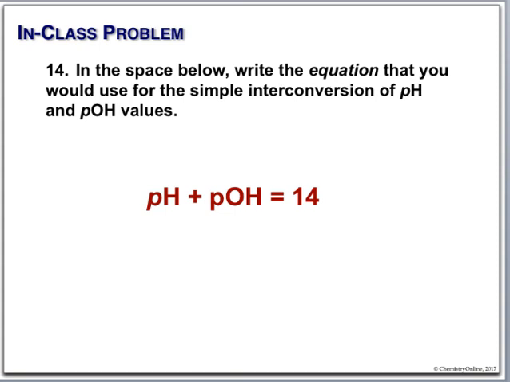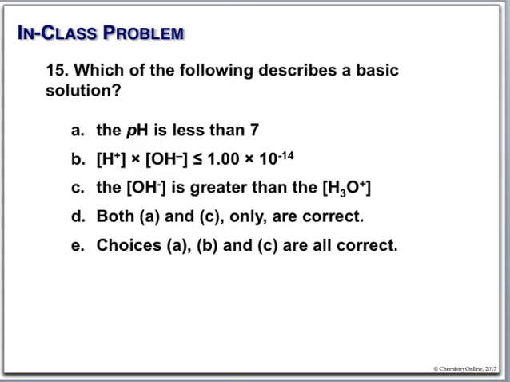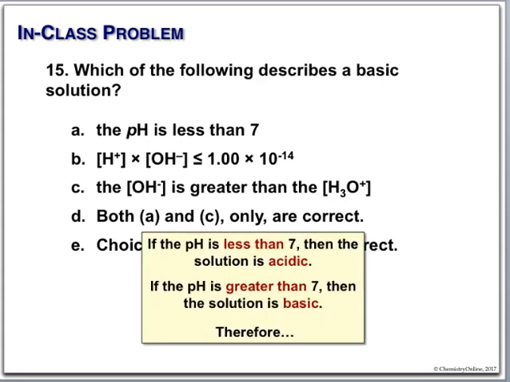All right, let's do acid-base again. Which of these is a basic solution? Which is basic? Remember, we have acidic, neutral, and basic. First one, pH is less than 7. Remember our rule.